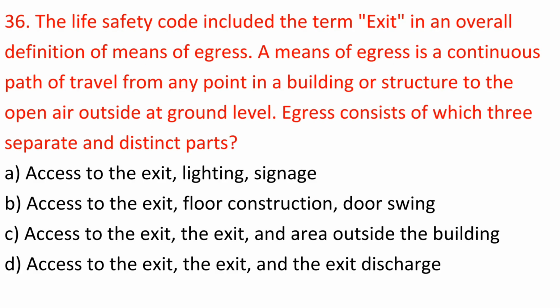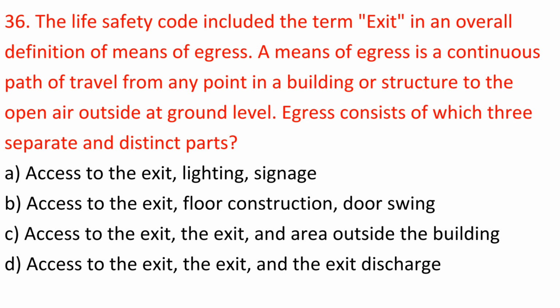Question 36. The Life Safety Code included the term exit in an overall definition of means of egress. A means of egress is a continuous path of travel from any point in a building or structure to the open air outside at ground level. Egress consists of which 3 separate and distinct parts? A. Access to the exit, lighting, signage.